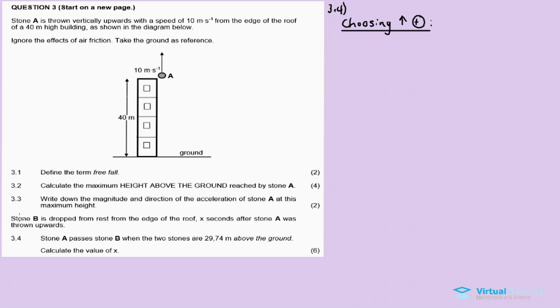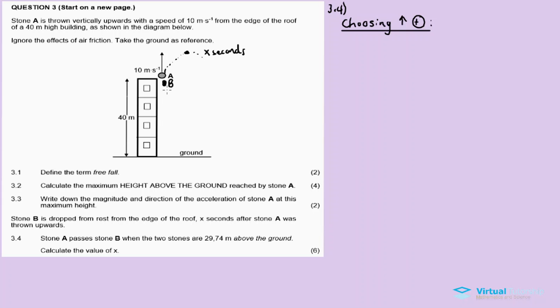Looking back at the statement, there's stone B. I hold B here and start by throwing stone A. I don't know if it's before or after the maximum height that stone B is released, but stone B is released after some time, which is X seconds.